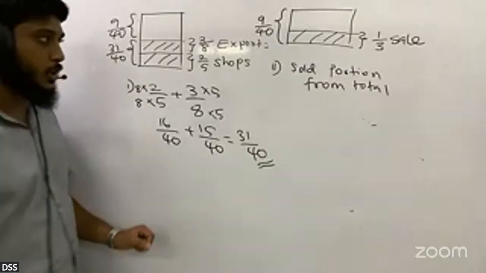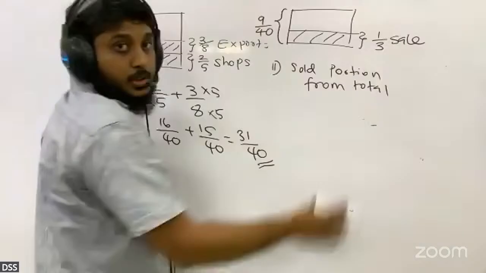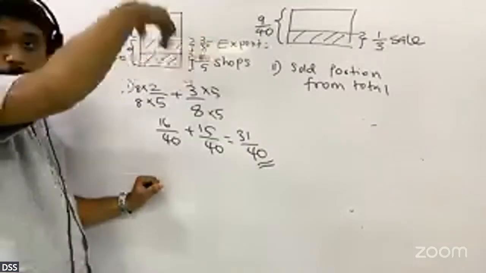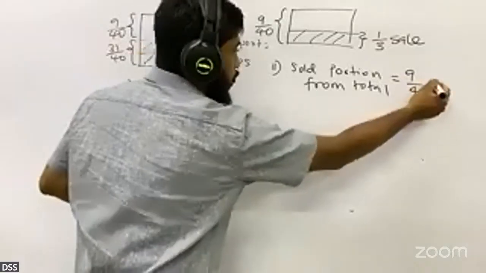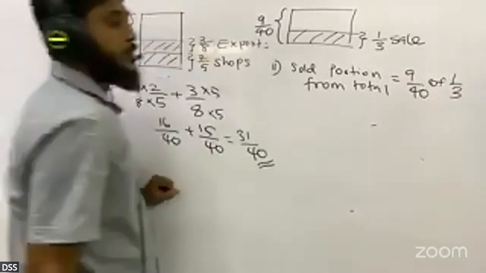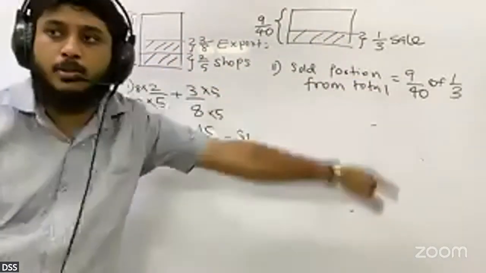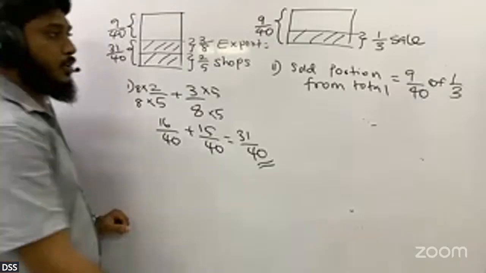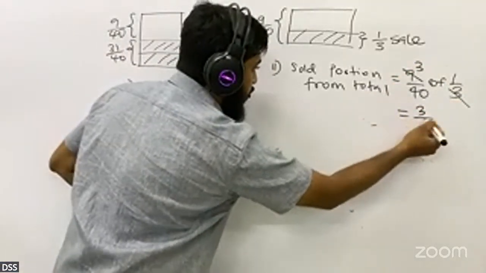Sold portion from total means this is from a remaining portion, another portion. Remember, if you get a portion from another portion, you should connect the word 'of'. 9 over 40 of 1 over 3, you should write it. So 3 and 9, you can simplify as 3. So the answer is 3 over 40. What is 3 over 40? It is the sold portion.